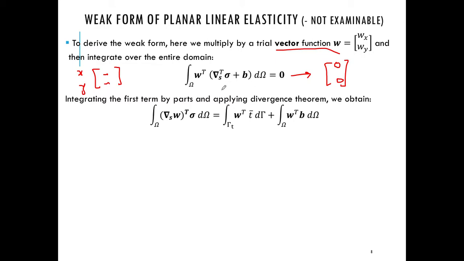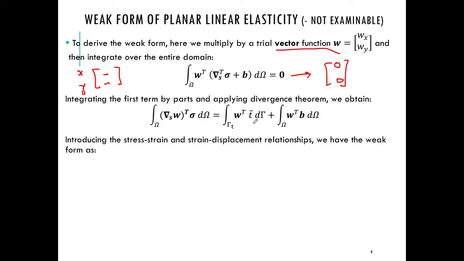Once I apply my divergence theorem, I convert my domain integrals into my surface integrals, and then noting that I actually do know some of my surface integrals. That is, I know my boundary condition at gamma t. So just substituting that in here. Right. So do take a look at it in your textbook for more details on this. Nothing that we are unfamiliar with, or try it on your own. That would be even better.